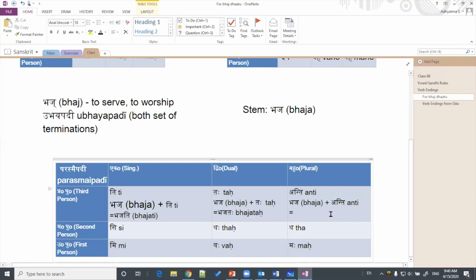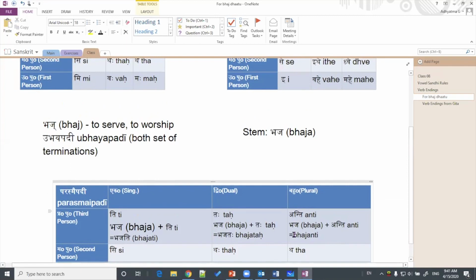So right now, just understand that despite the Sandhi rule, there are many other exceptions which take place when we make these verb forms. This is one of those cases. Bhajanti.